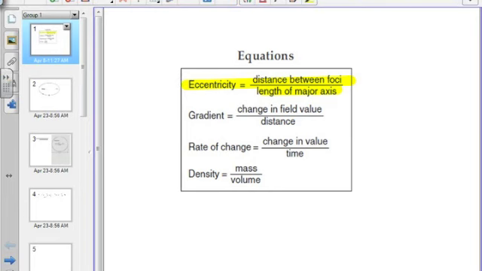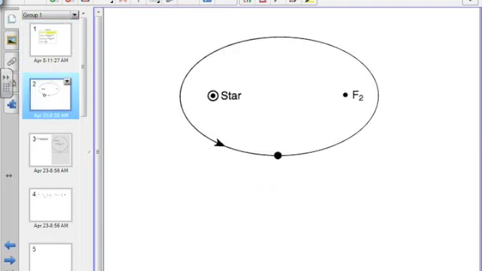Let's talk a little bit about what eccentricity is so that we could come up with these values. Eccentricity describes the shape of all ellipses. Now we already know that all orbits are ellipses. An ellipse is a shape that is defined by the placement of two focal points.